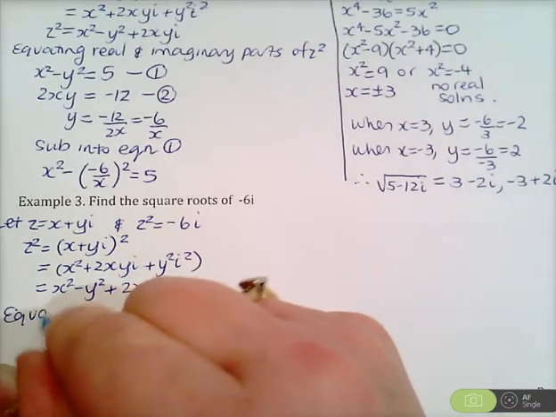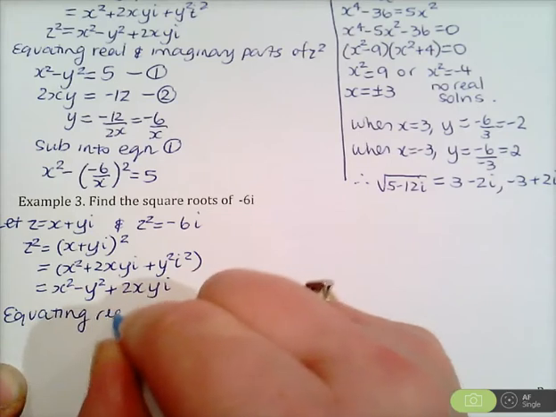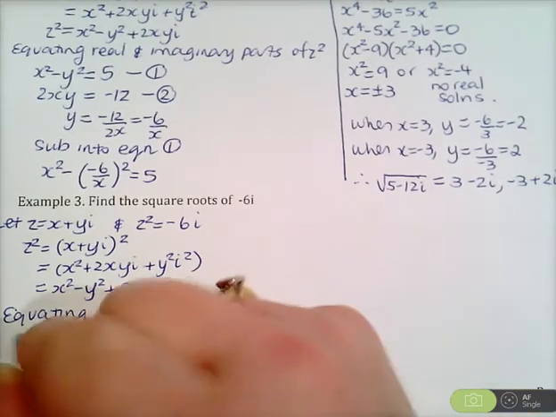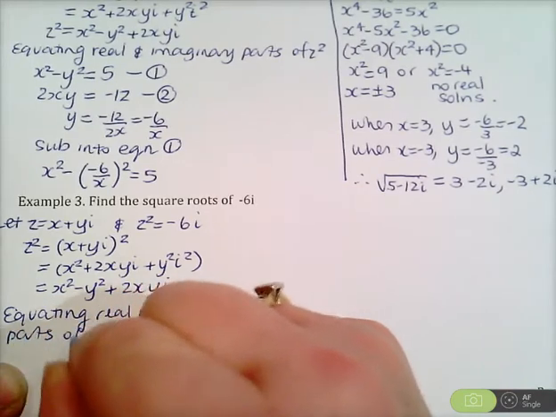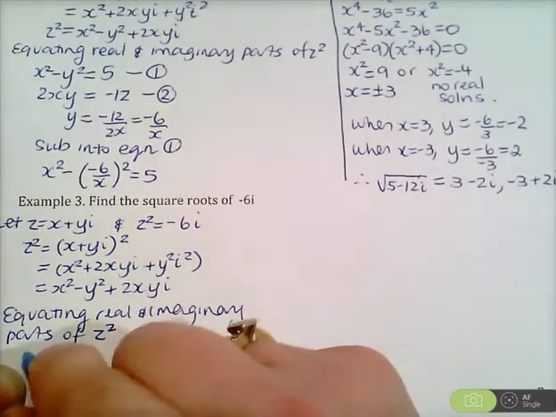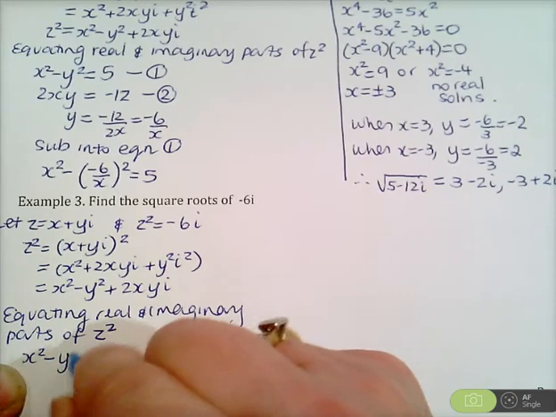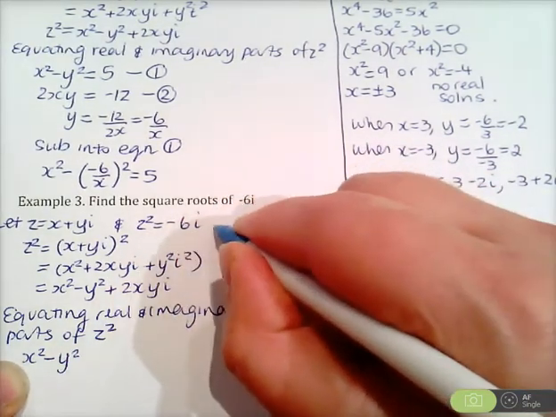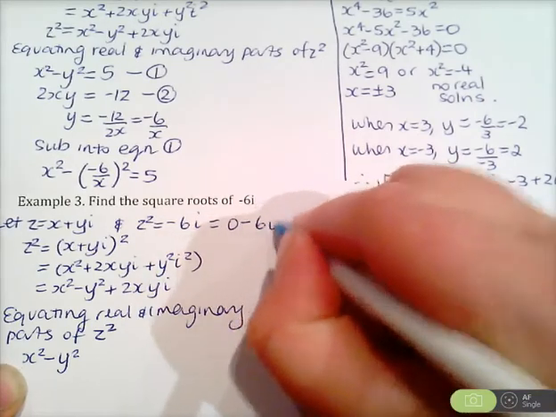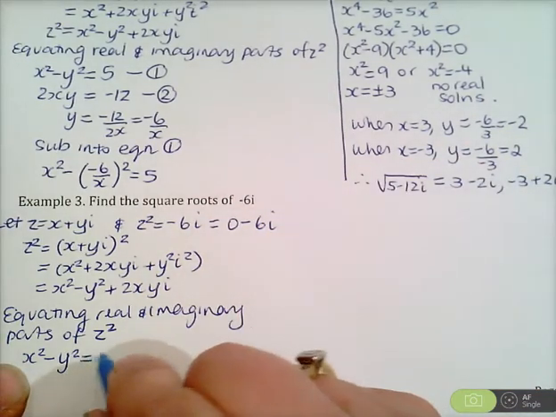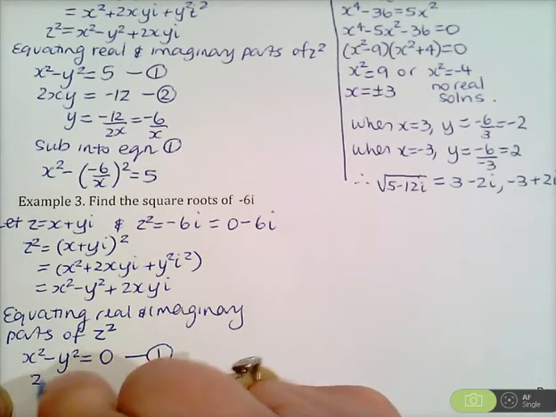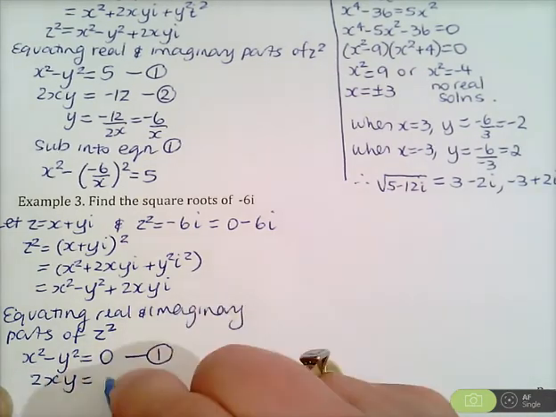Again equating real and imaginary parts of z squared, you will get that x squared minus y squared. Now, z squared is minus 6i, which really is 0 minus 6i. So therefore, x squared minus y squared is 0. That's equation 1. And your second equation will be that 2xy equals negative 6.